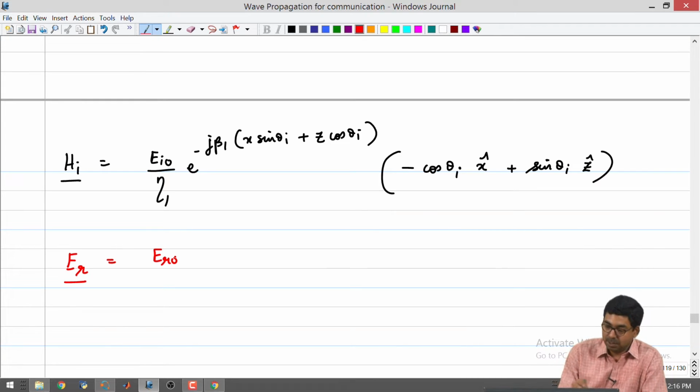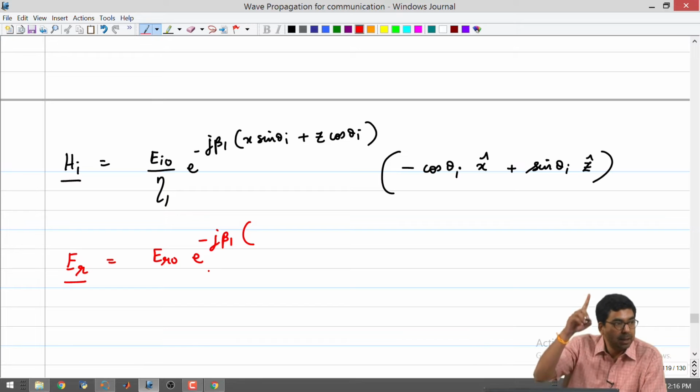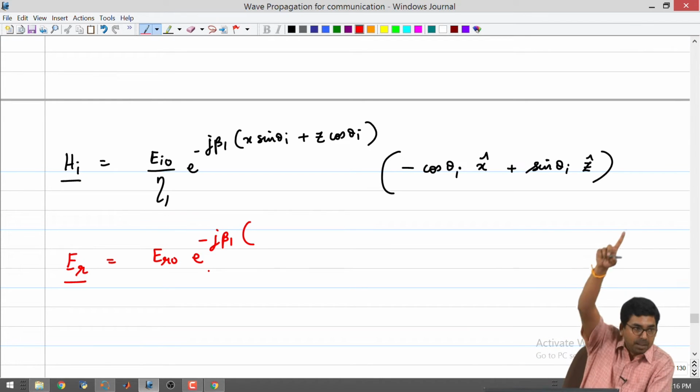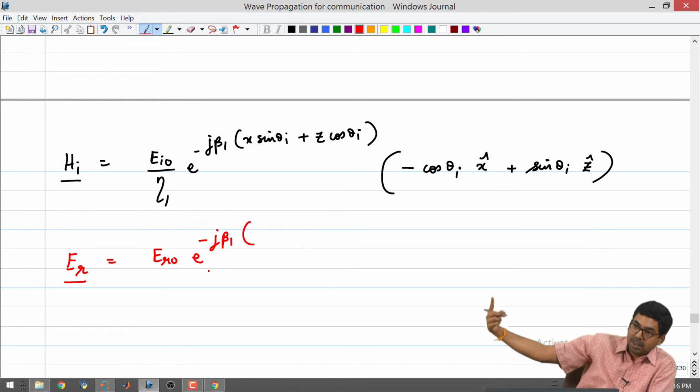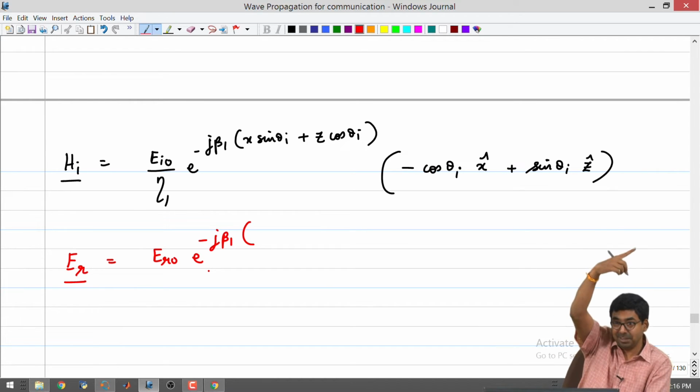Okay. So, the general form is E_R0, all right, and e to the minus j beta 1, and the way we had written it for the perpendicular polarization was, it is still travelling along the positive x direction, but going in the negative z direction, all right.